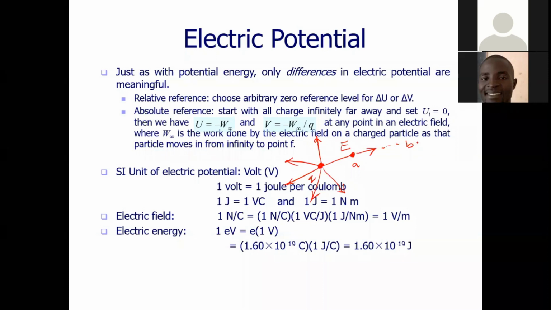Now, the work that is done in moving this charge from a certain position up to infinity is what is called the absolute potential energy. And the work that is done per unit charge in moving a charge from a certain position up to infinity is what is called the electric potential.